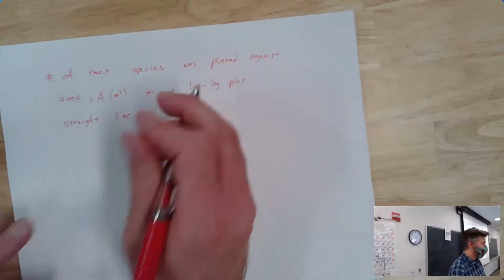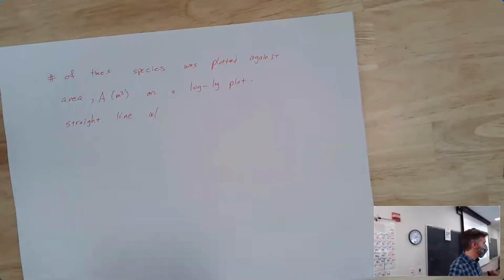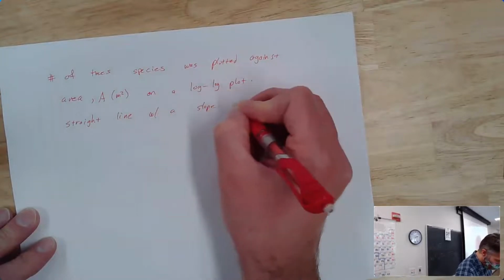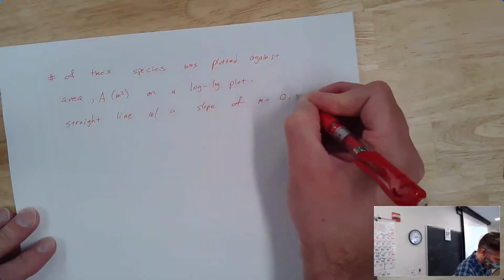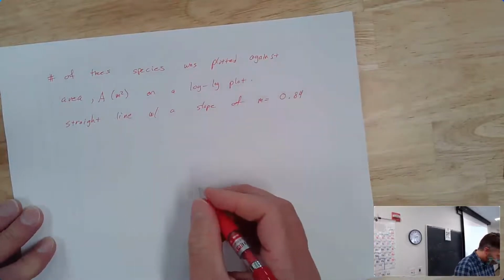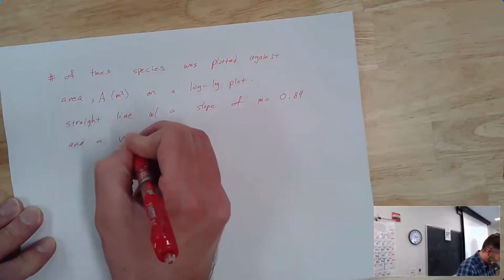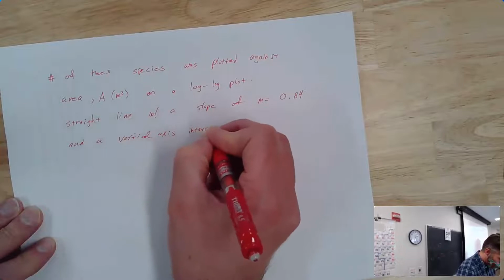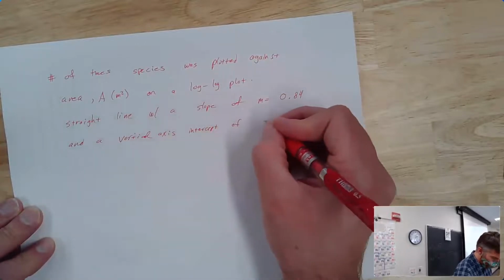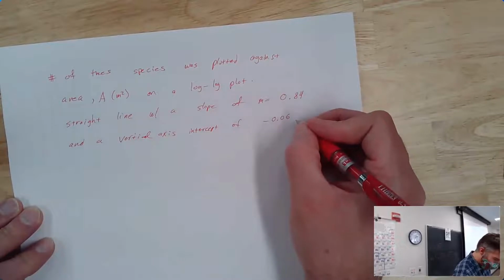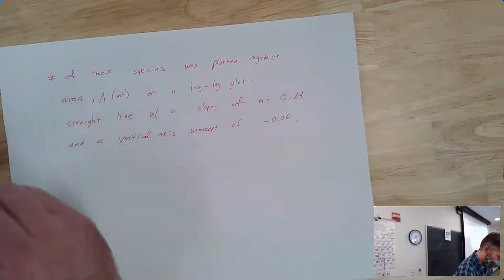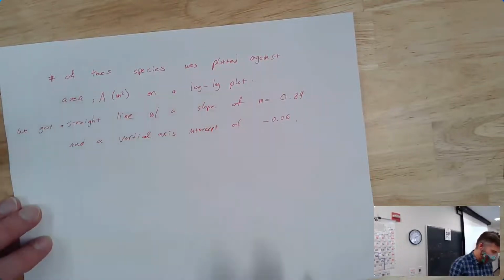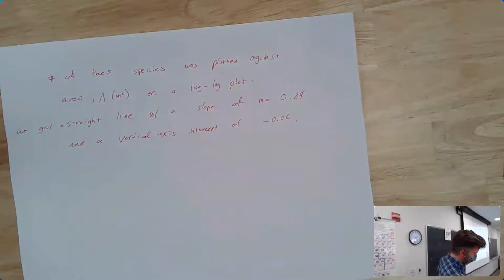I say obviously because it's always a straight line, that's always what we're working with. No one's giving you anything other than that, really. With a slope of m equal to 0.84 and a vertical axis intercept of negative 0.06. So we got a straight line with that slope and that vertical axis intercept.